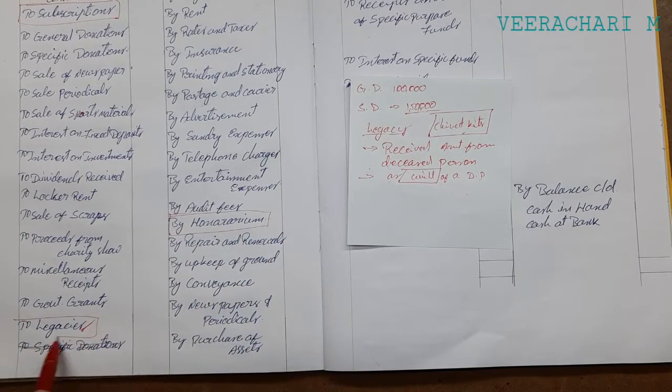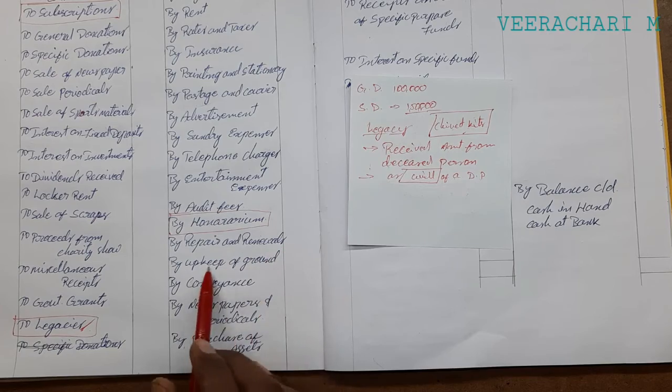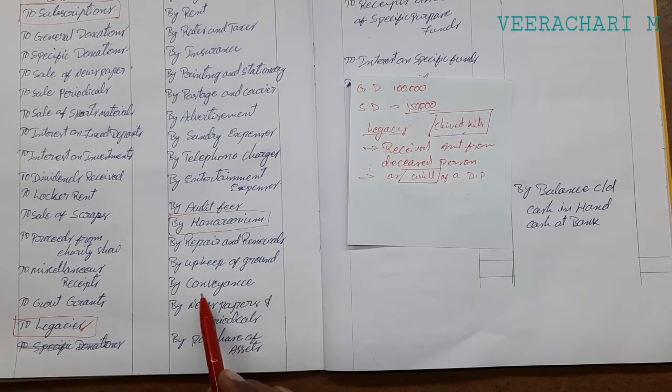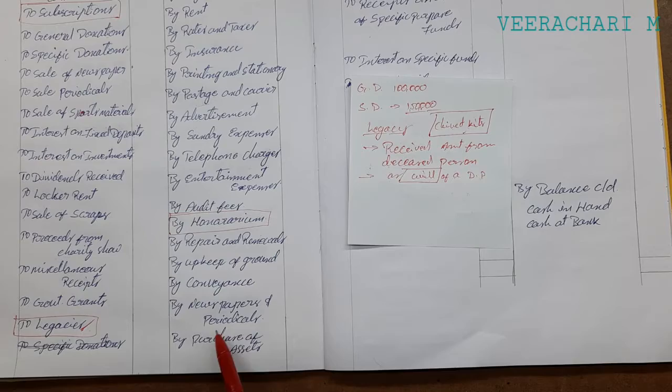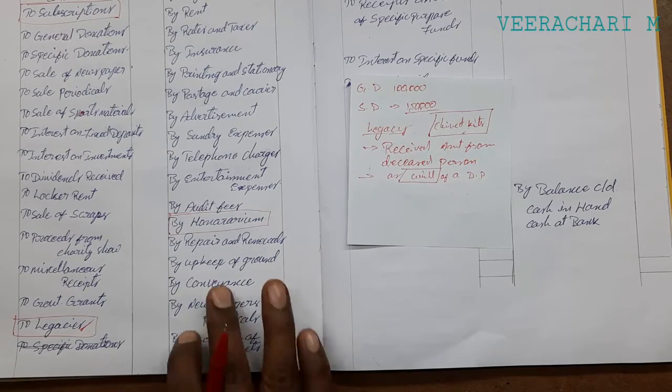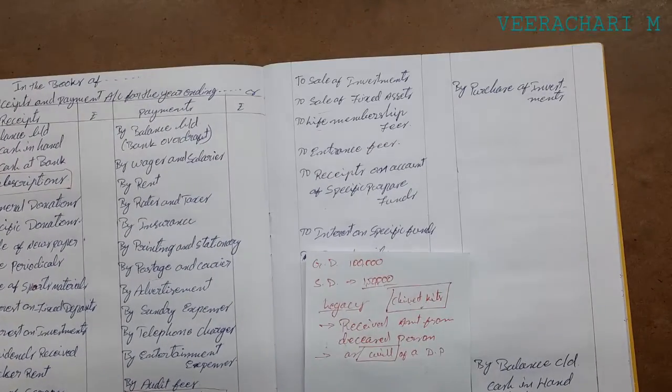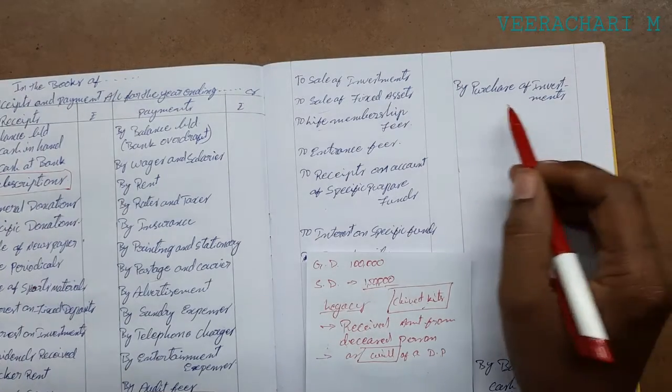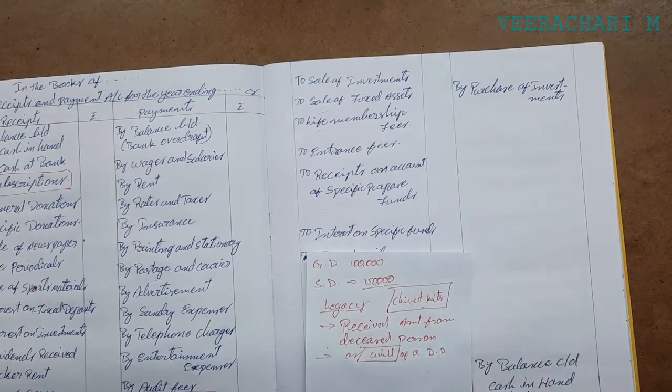Next, repairs and renewals, upkeep of ground, that is maintenance of ground, conveyance, newspapers, periodicals, purchase of assets. And on the credit side, the purchase of investments.